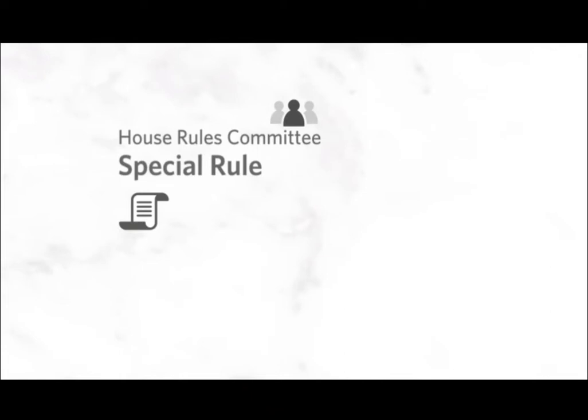Common procedures found in a special rule include selection of the text to be considered, limitations on debate, and limitations on the amendments that can be offered on the floor. For instance, sometimes the committee reports a rule that places few restrictions at all on amending, which can result in dozens of amendments being offered on the floor during consideration.